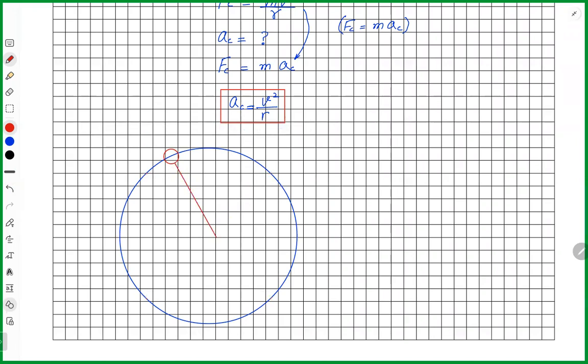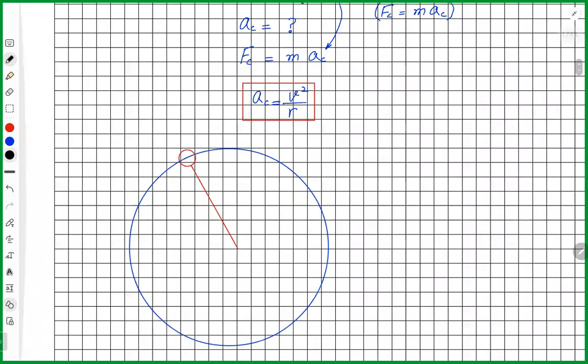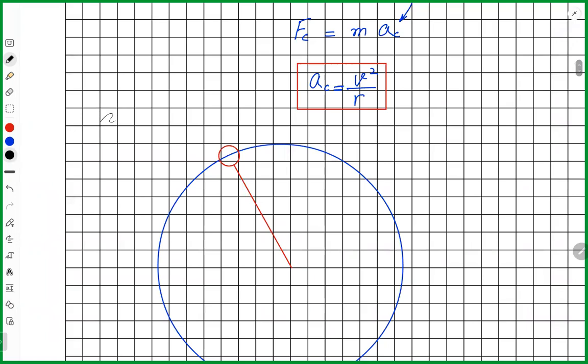Okay, now let's give it a title: a stone and rope in a vertical circle.